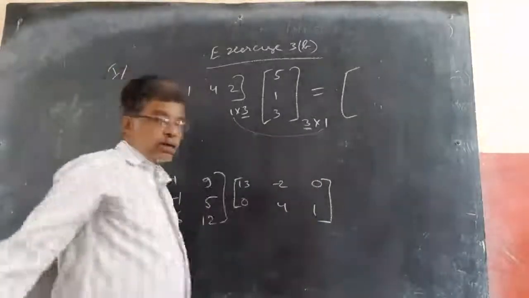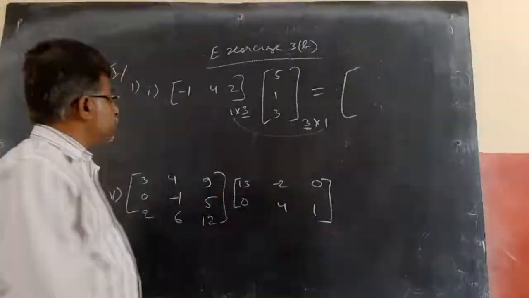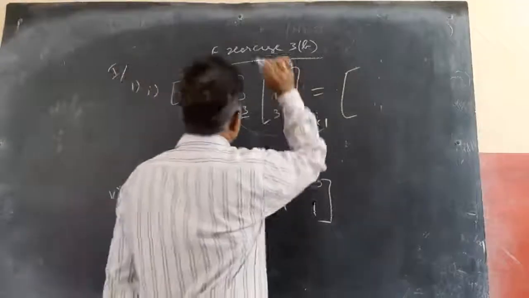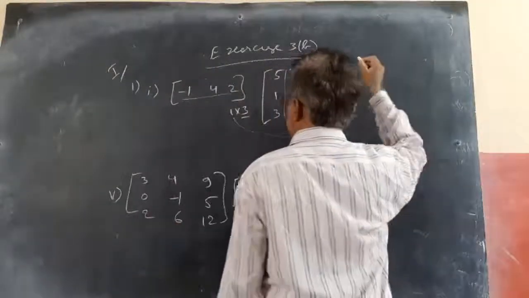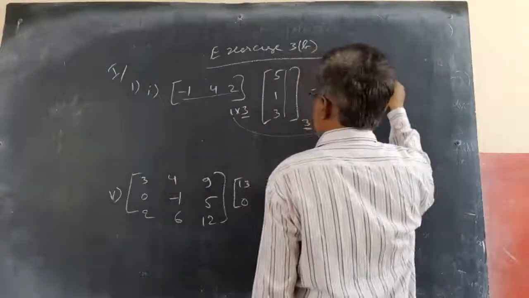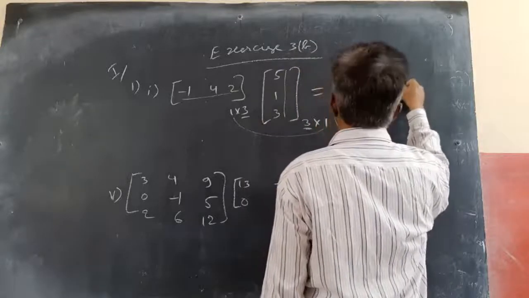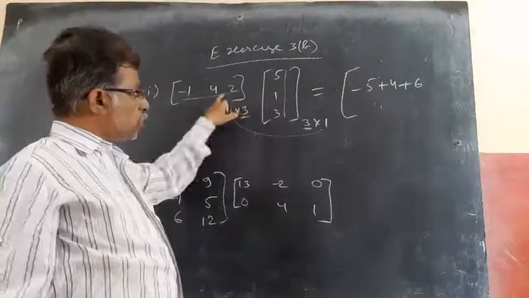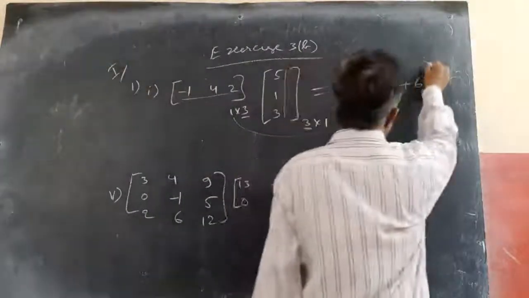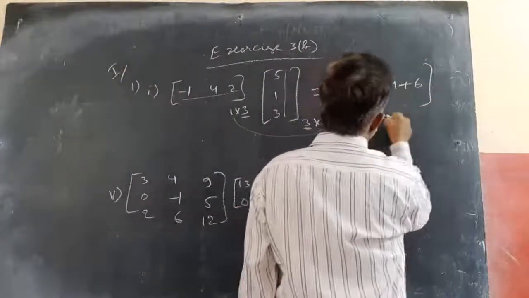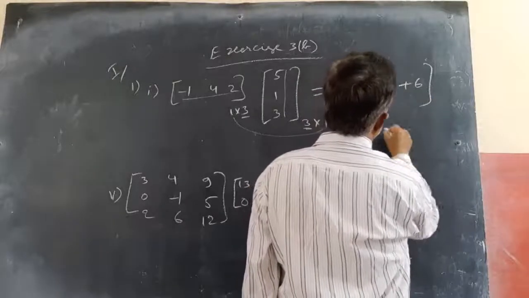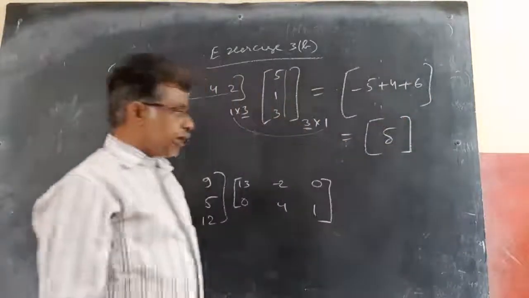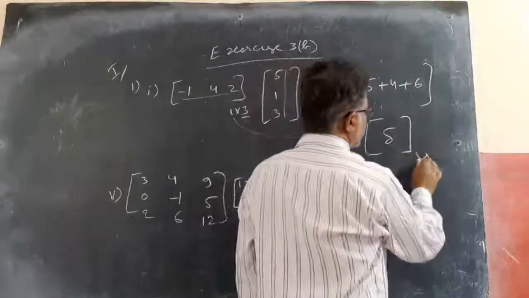The resultant is 1 by 1, so it contains only 1 row, 1 column. That is this into this: minus 1 into 5 is minus 5, 4 into 1 is 4, 2 into 3 is 6. So the resultant is simply 5. Only a 1 by 1 matrix is the resultant of the first sum.